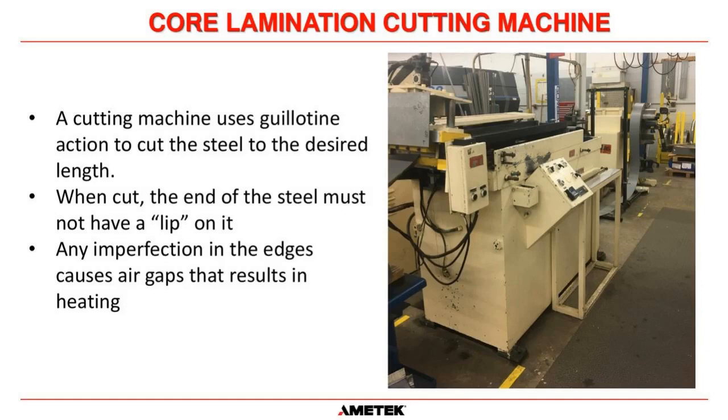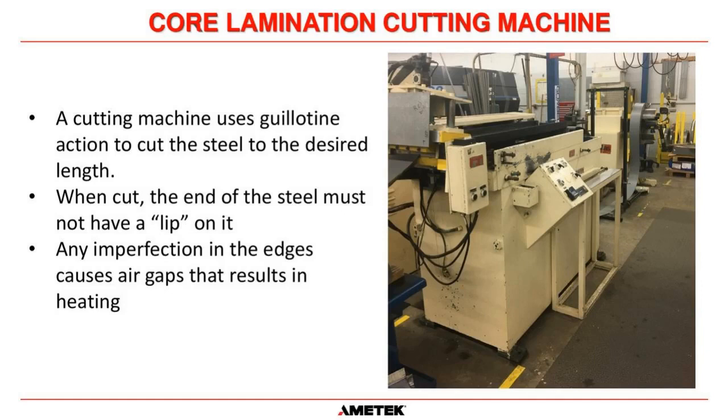Typically, when you shear off sheet metal on a brake, it leaves a little lip on the end of the steel. This cutting machine slices the steel perfectly square on the end. It has no lip.